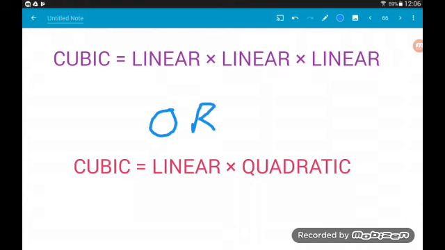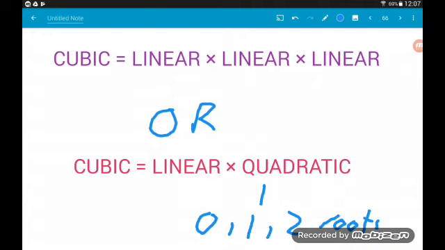Now, this quadratic factor might have 0 roots, it might have 1 root, or it might have 2 roots. But they might not always be easy to find using the factor theorem.